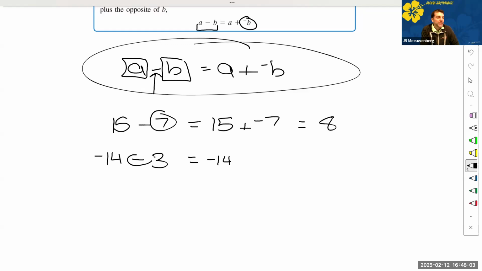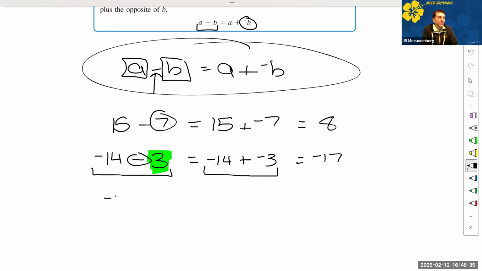We change the minus sign to a plus sign, and then we take whatever this number was, which is a positive 3, and we take its opposite. Now it's negative 14 plus negative 3. This might take you back to our very first example, when we took red chips and added them to more red chips, and now we have even more red chips, negative 17. Often, this is an easier problem to understand or visualize than this one for some people.